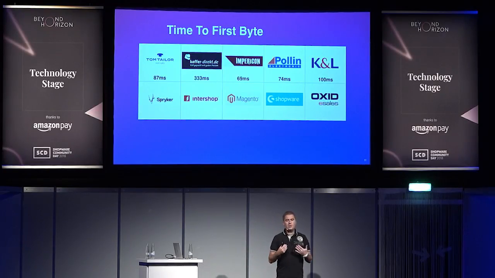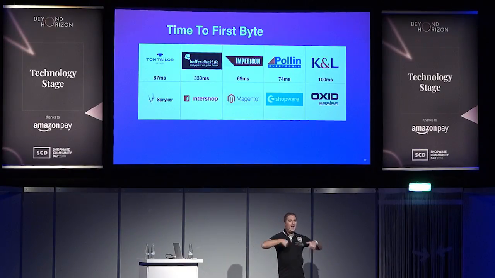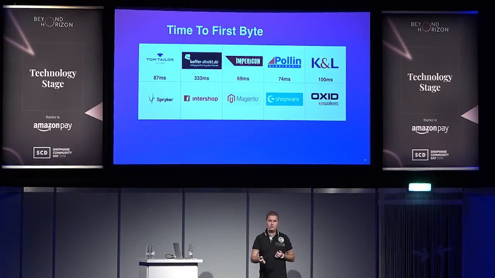Because my opinion really is that the performance of your online shop does not come from which software you choose, but how you use it and how many features you put in there. I was testing this by downloading demo shops from Shopware, Magento, PrestaShop, and so on.